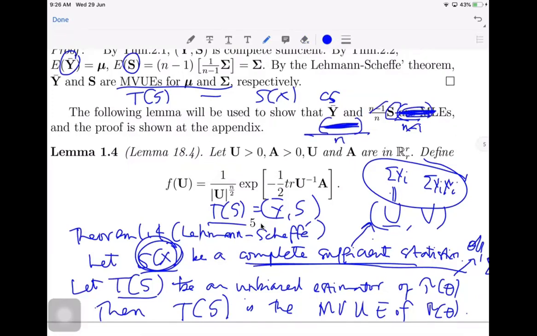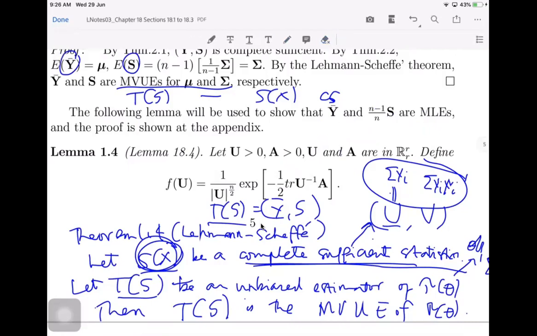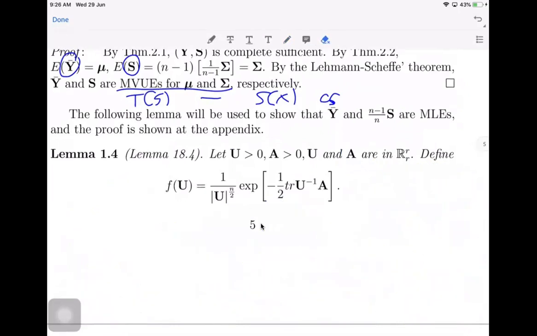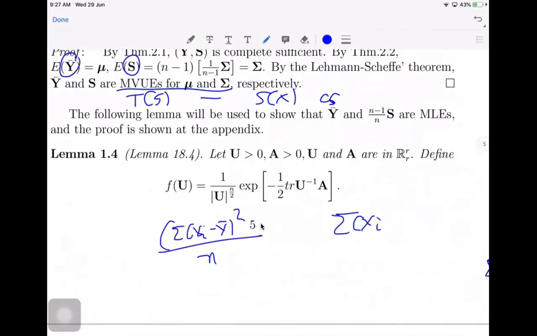So if you recall in your statistics journey, there are two formulas for your S. You are familiar with two formulas for S. The one is the summation of the yi minus the mean, squared, divided by n, and the other one is the summation of yi minus y bar divided by n minus 1. Do you follow?